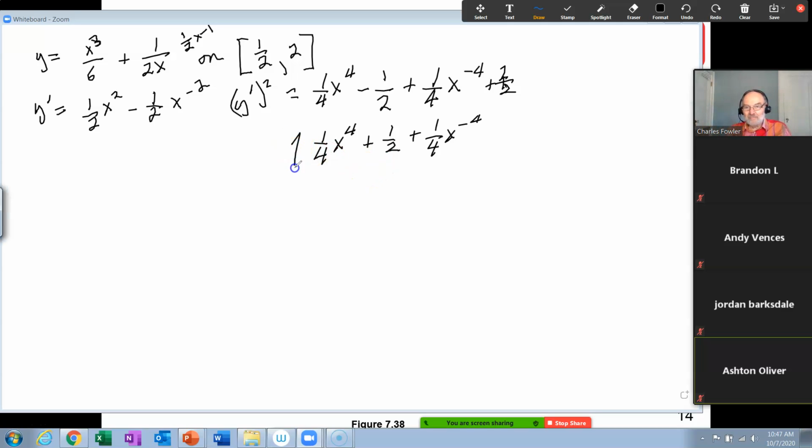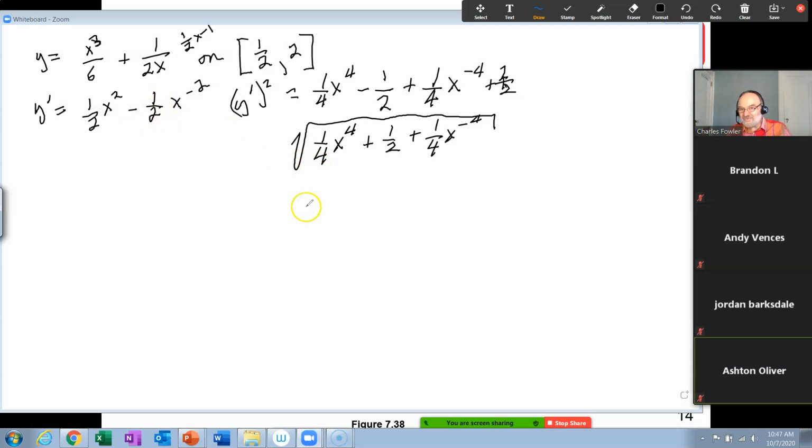Okay. But I want to point something out to you. Remember when we squared this, we got this thing right here. This thing looks a lot like this, only it's got a plus there. Where did the plus come from? That's from here.